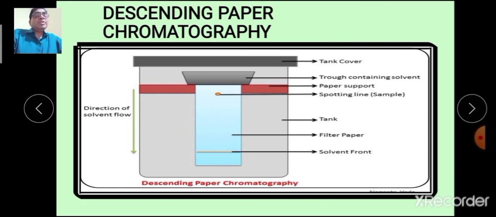Thus, we have seen the information about paper chromatography, the two varieties of paper chromatography, ascending paper chromatography and descending paper chromatography. With this, I conclude my lecture. Thank you.